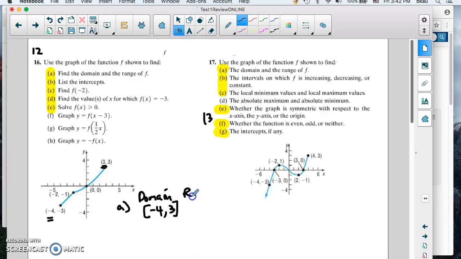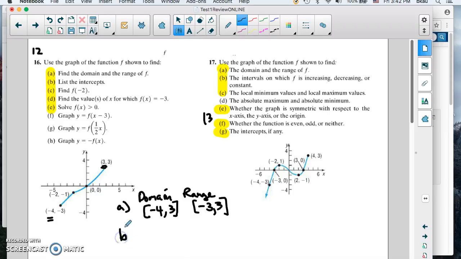The range is also a bracket, but it's the y values, so we'd look at these y values here. The lowest y value is this one, so we'd start the range at -3 and it would go up to +3. So that's the domain and range.